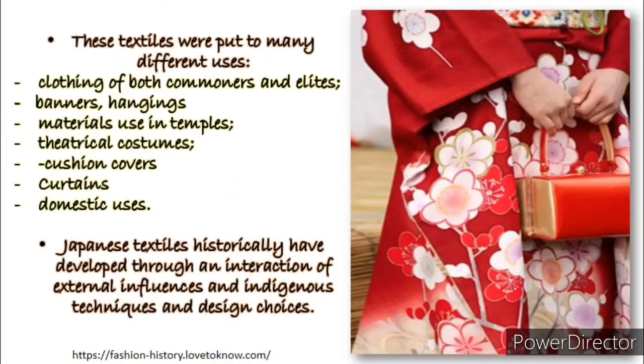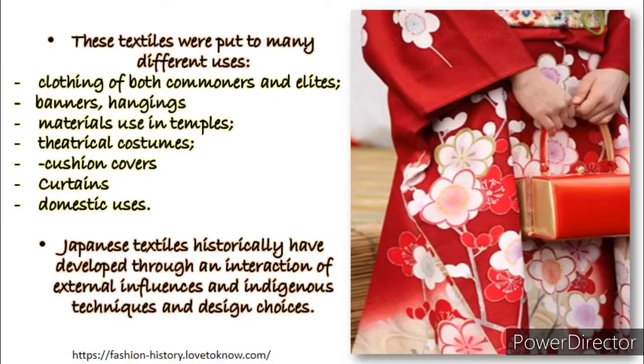Furthermore, these textiles were put to many different uses: for clothing of both commoners and elites, for banners, hangings, and other materials produced for use in temples, for theatrical costumes, and for cushion covers, curtains, and other domestic uses.